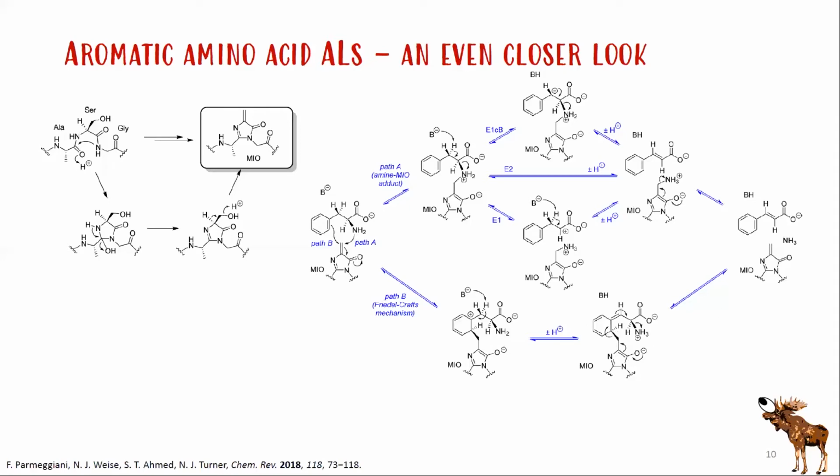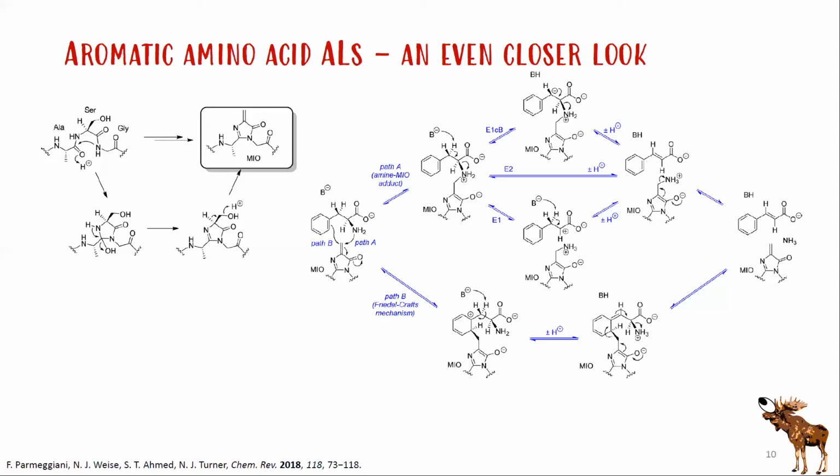Between these two pathways, the amine pathway is generally considered to be correct. In some cases, probably the Friedel-Crafts one also happens, but that depends on the substrate. It is more likely with tyrosine and histidine, because they are more nucleophilic. It is less likely with phenylalanine.